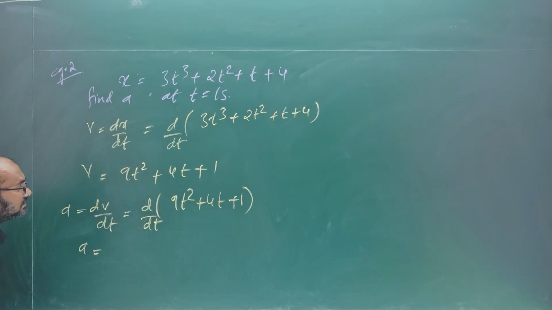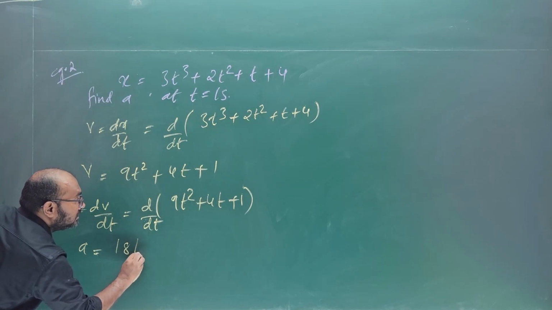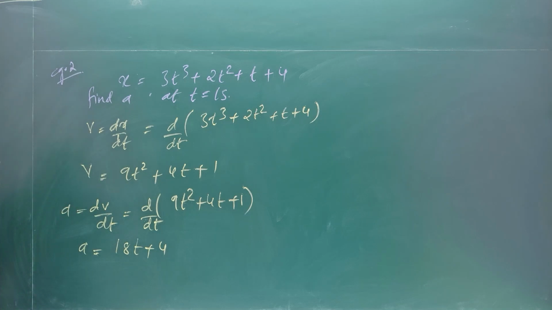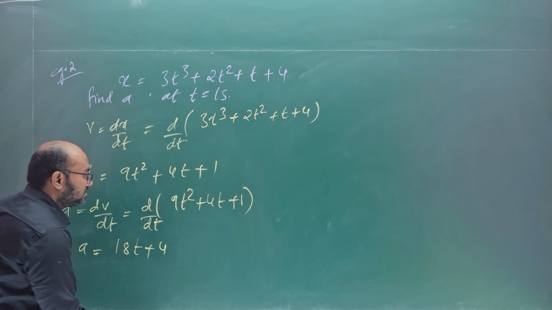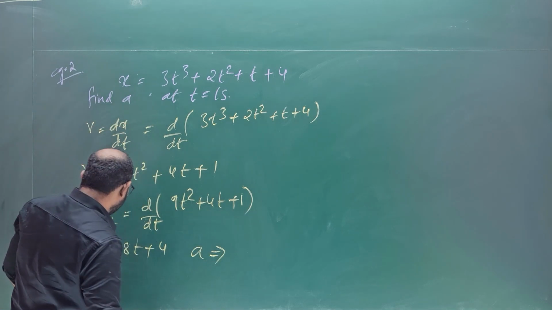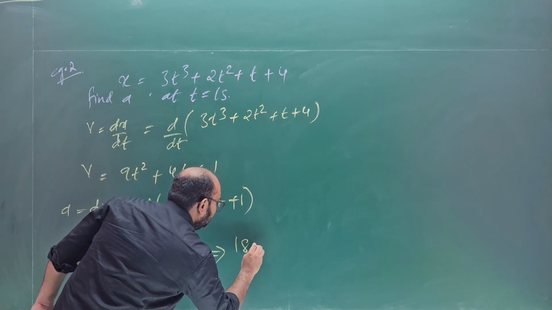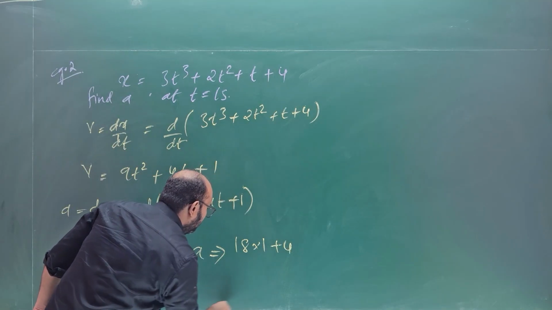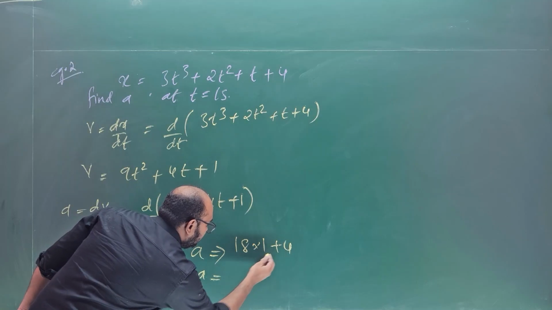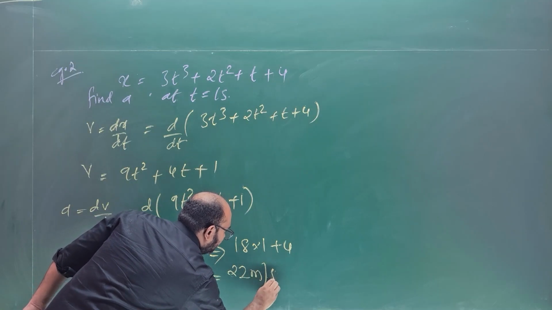So acceleration is 18t plus 4. Given t equals 1 second, substituting, acceleration becomes 18 into 1 plus 4, so acceleration is 18 plus 4, 22 meter per square second.